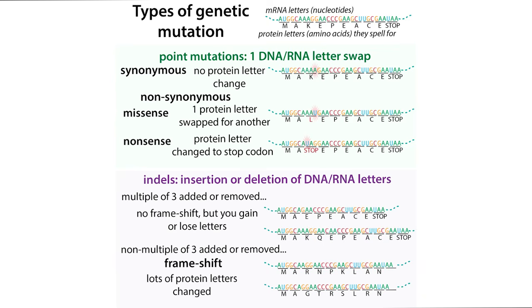But then we talk about missense mutations and nonsense mutations. A missense is when it causes it to code for a different amino acid, and a nonsense is when it puts a stop sign in there. And so you make a truncated protein that is either non-functional or gets degraded or something like that. You can also have insertions or deletions of larger stretches of DNA.